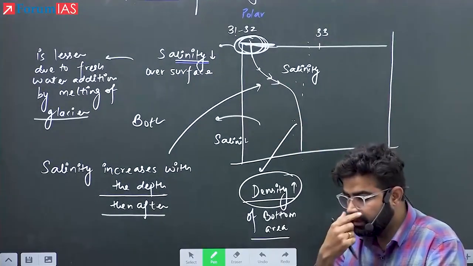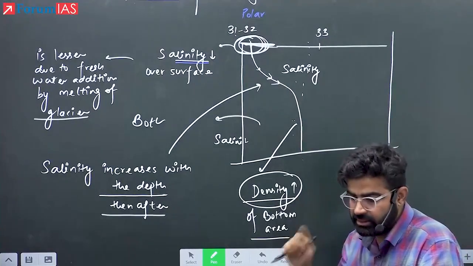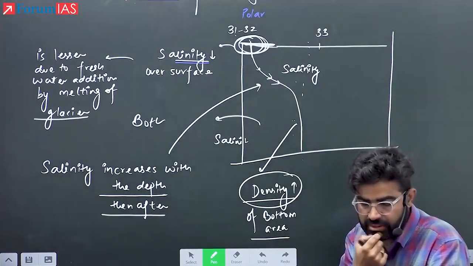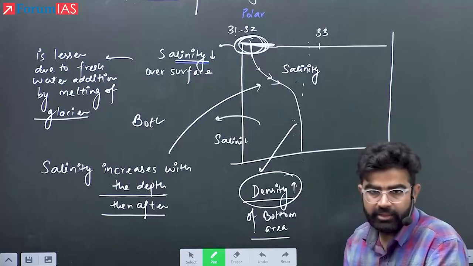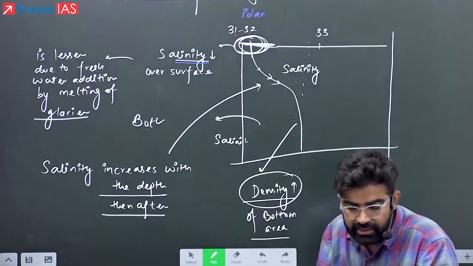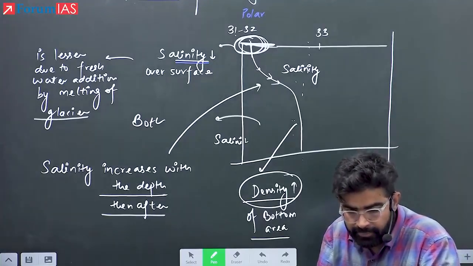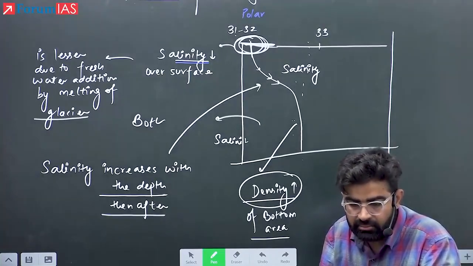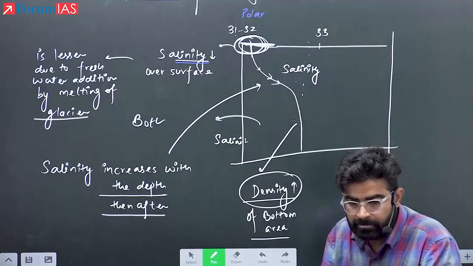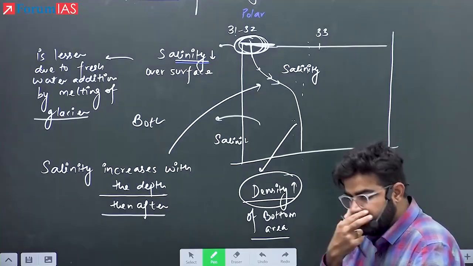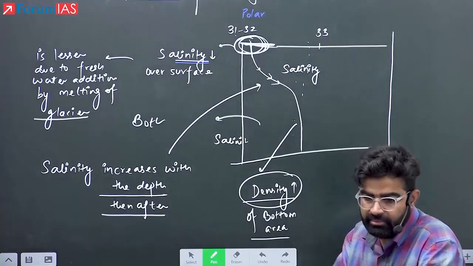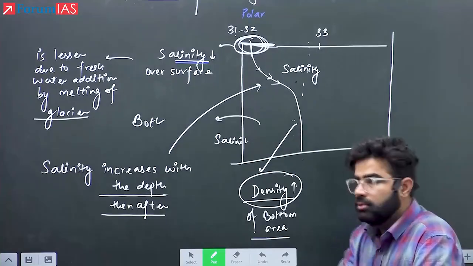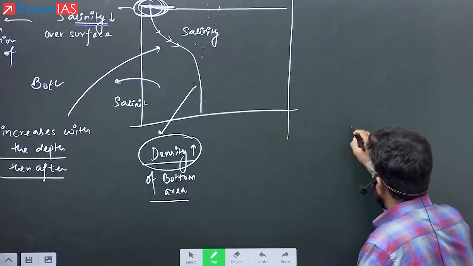This third point, write down. In the polar area, we have learned the third point. For the mid latitudes, third point: in the mid latitude, salinity increases with the depth. Salinity increases with depth up to 200 fathoms.